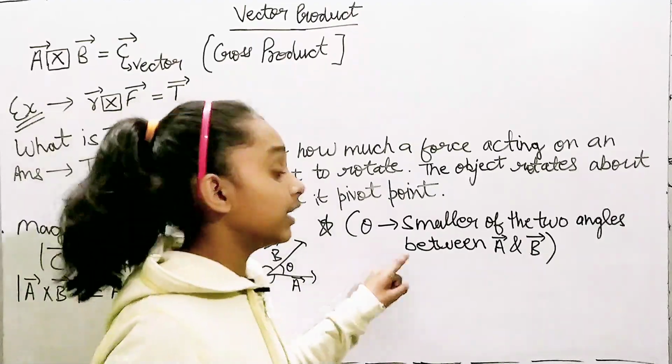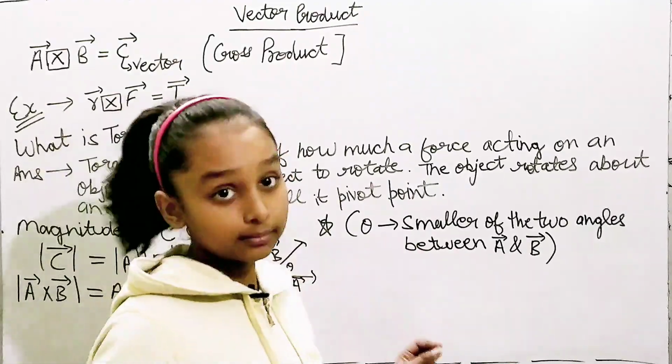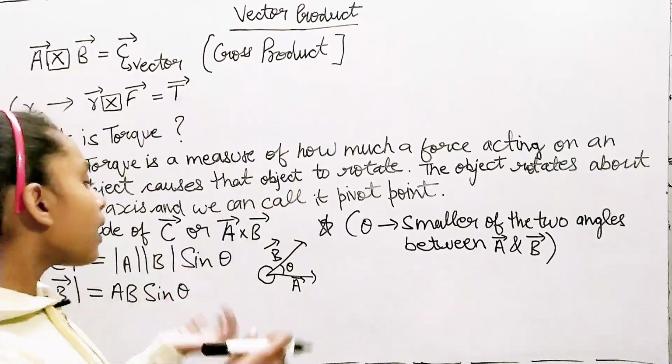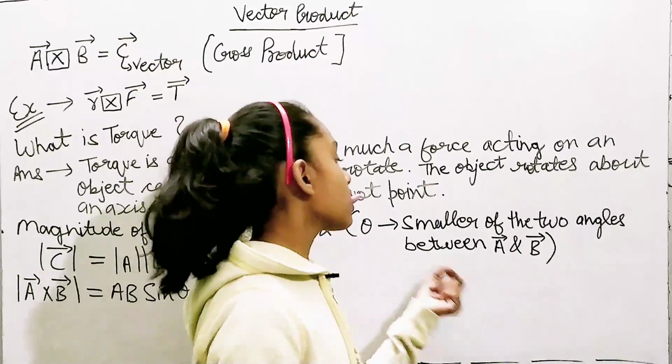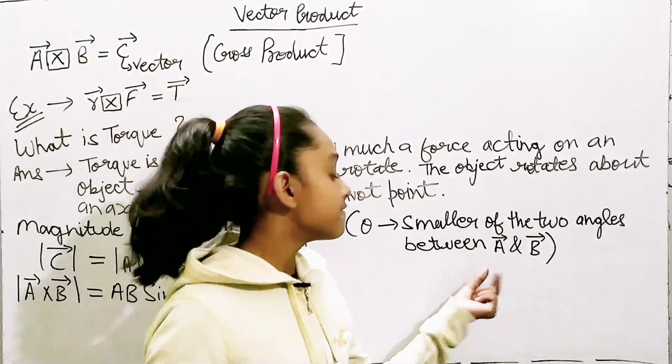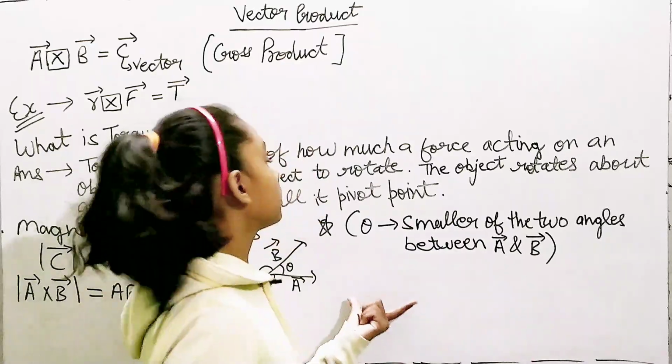It is a really interesting thing to remember, and you can remember it by this small definition: smaller of the two angles between vector A and vector B. You can also note it.